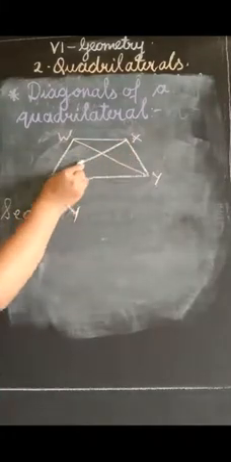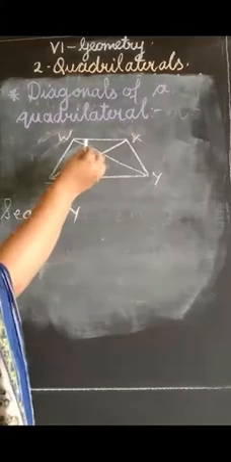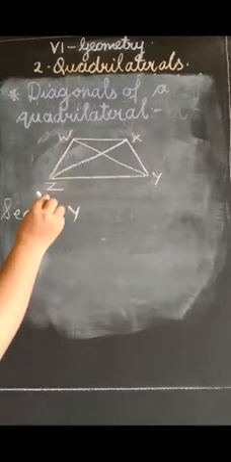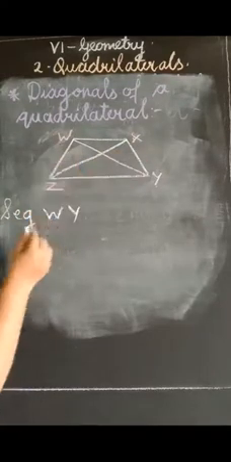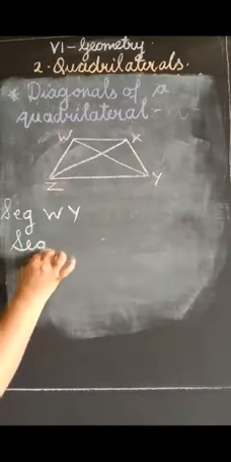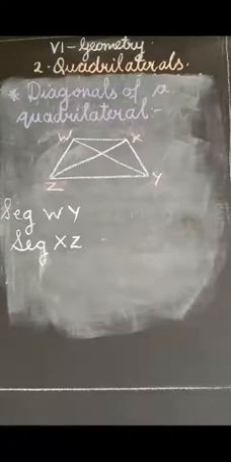Now I will draw another line segment which will join opposite angles X and Z. See. Now I have drawn another. Use a scale, okay? Now I have drawn another line segment which has joined opposite angles Z and X. So, which segment did I get now? Seg XZ. You can also write seg ZX. Okay.